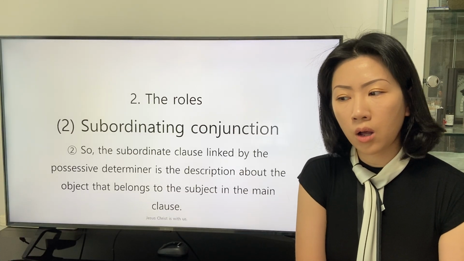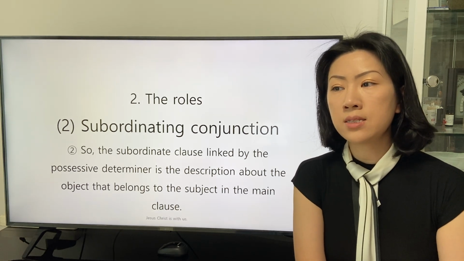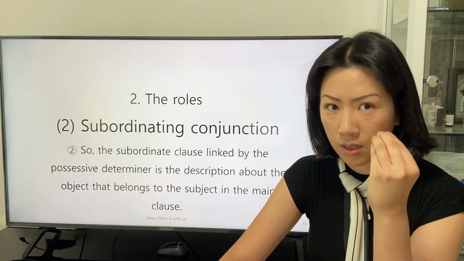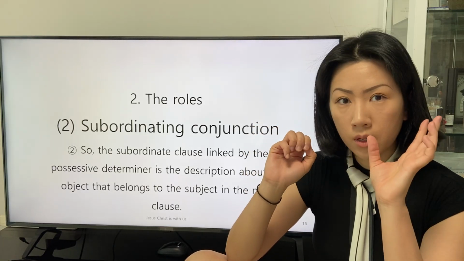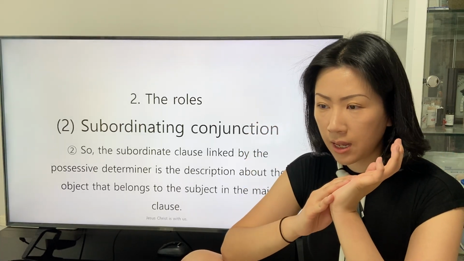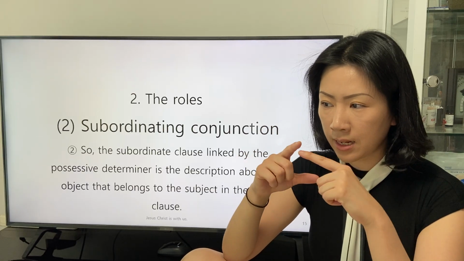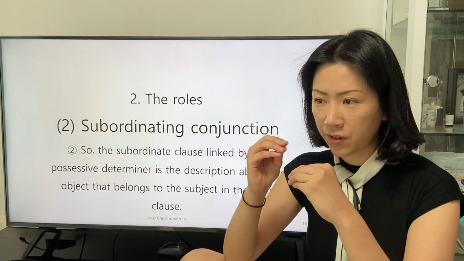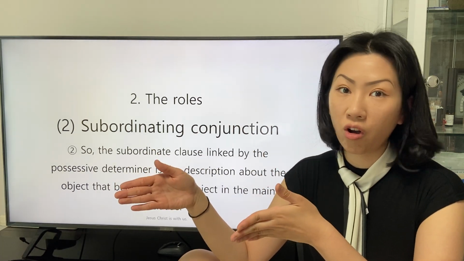I know a boy whose dog is very cute. In this sentence, we can say that a boy is the precedent in the main clause, and whose indicates the boy in the main clause. And rather than the indication, we can say the determiner whose has the role of the description for the noun dog.